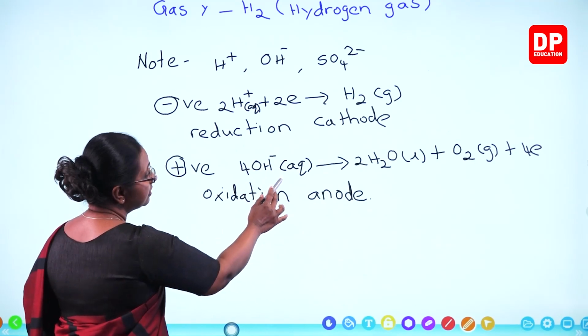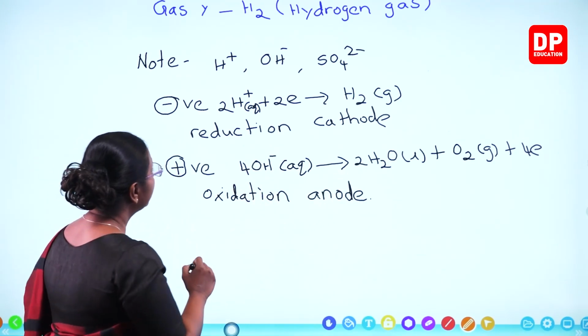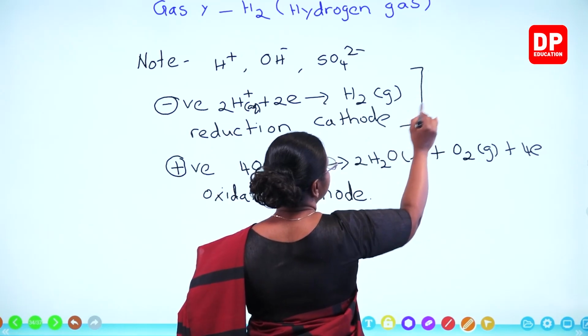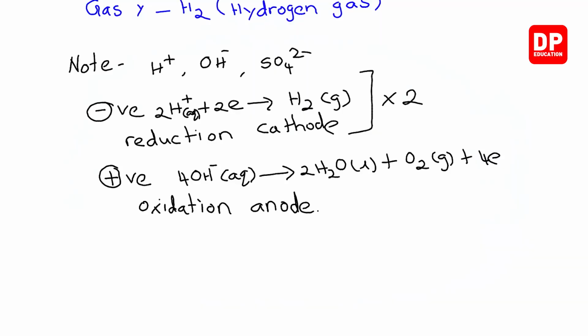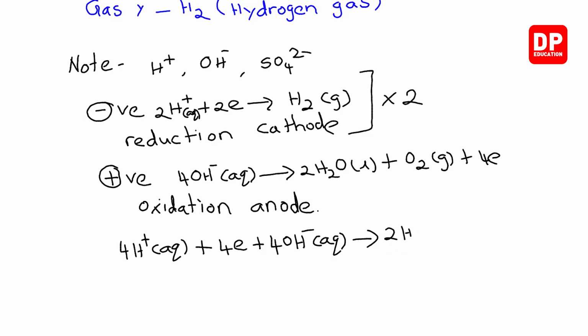Here there are 2 electrons, here there are 4 electrons. So because of that, you need to multiply this by 2. So what will happen? You will get 4H plus aqueous plus 4 electrons plus 4 OH minus aqueous, giving you 2 H2 gas plus O2 gas plus 2 H2O liquid and 4 electrons.